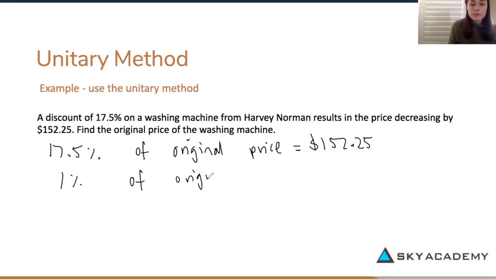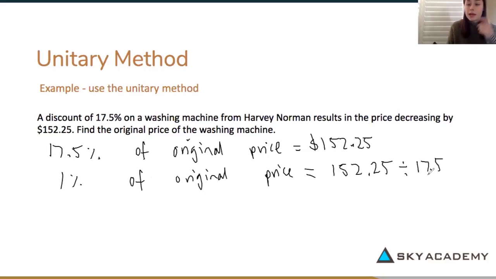So now I need to figure out what 1% of original price would be. To do that, I'm just going to do 152.25 divided by 17.5 to figure out how much 1 would equal. So I'm just going to pop that into my calculator. And that leaves me with 8.70. Once I've done that, I need to figure out what the original price was.